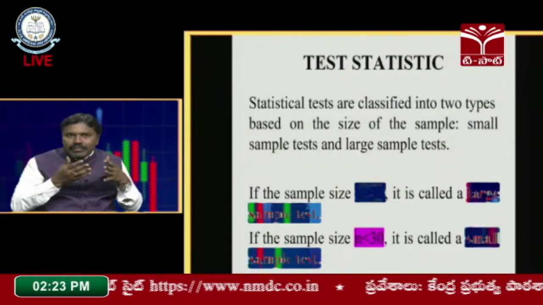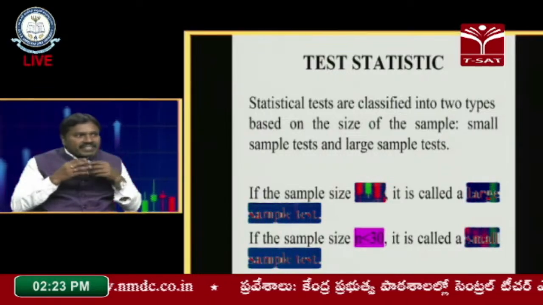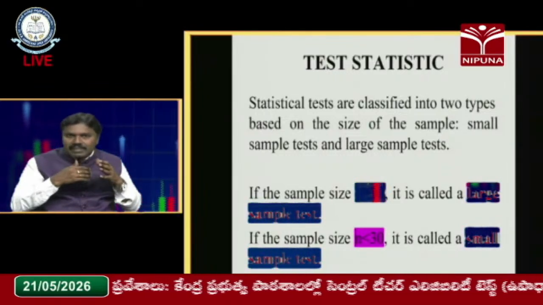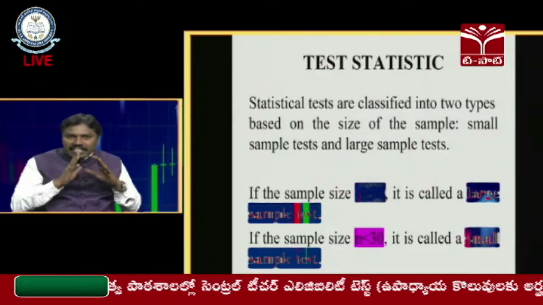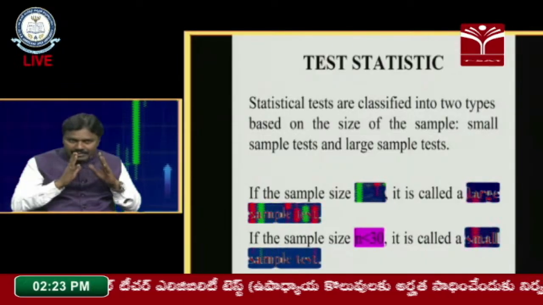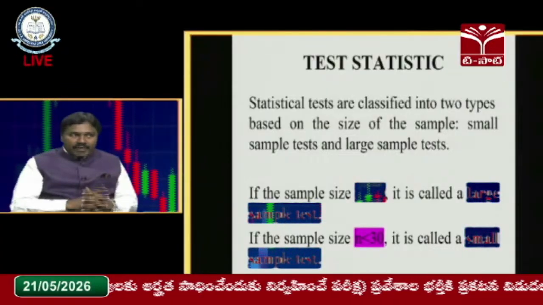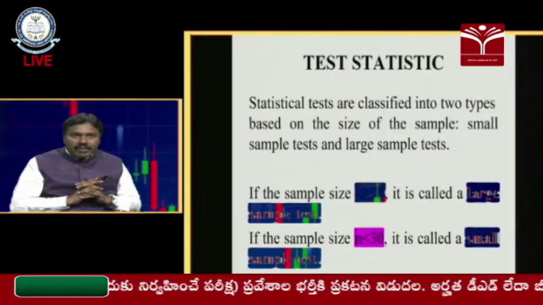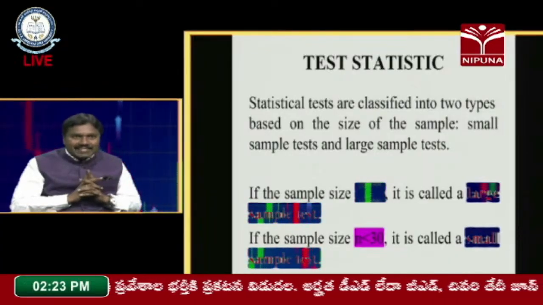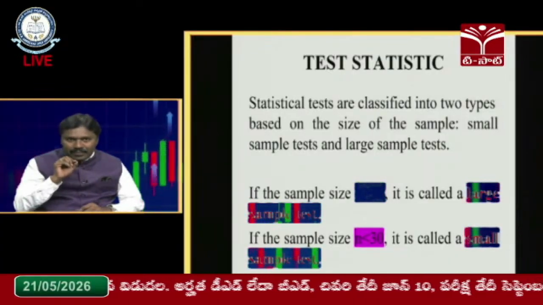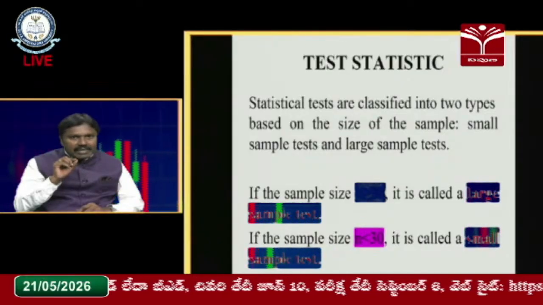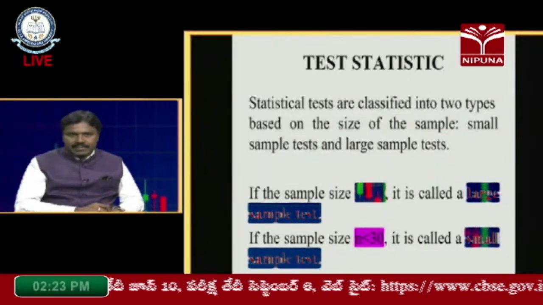Based on that information, we apply the suitable test statistic. For example, if the sample size n is greater than or equal to 30, it is called a large sample test.